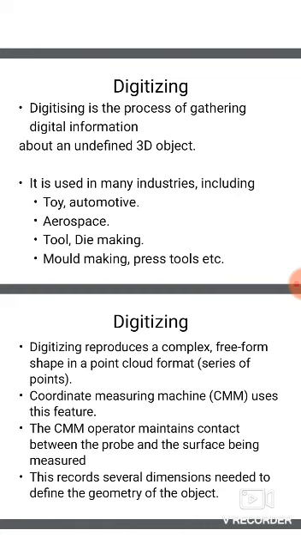Next, digitizing reproduces complex shapes in point cloud format. So with this, they can make different complex shapes. Next, the method of digitizing could be to manually move a stylus along the 3D object. After that, 3D objects can also be designed.